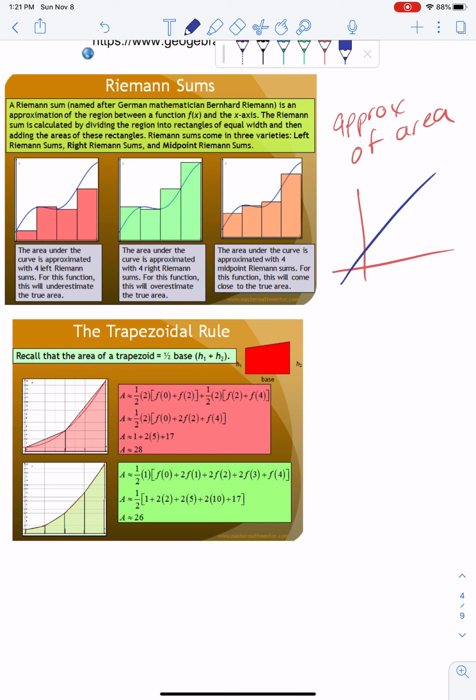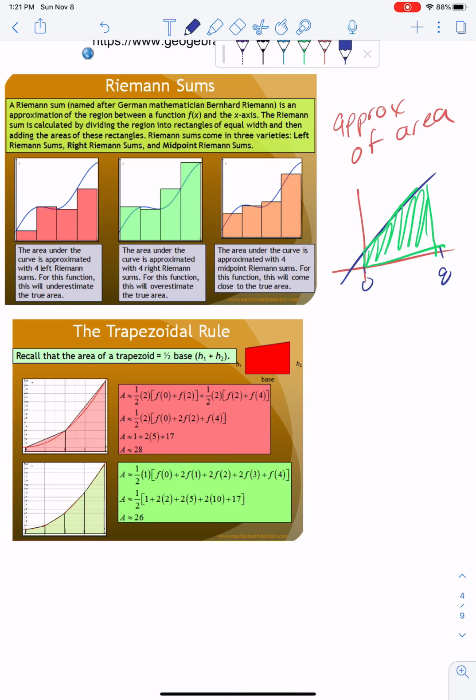And I wanted to know, what's the area between 0 and 8? Well, that's not too hard to do because I can just make a parallelogram right here, or a trapezoid, and I know the area of a trapezoid.